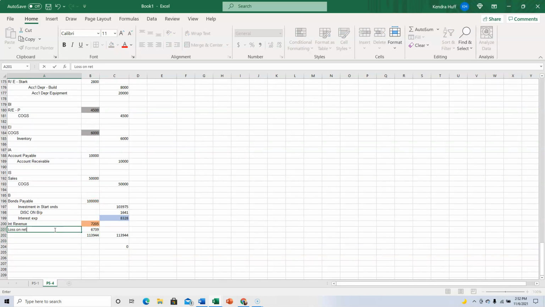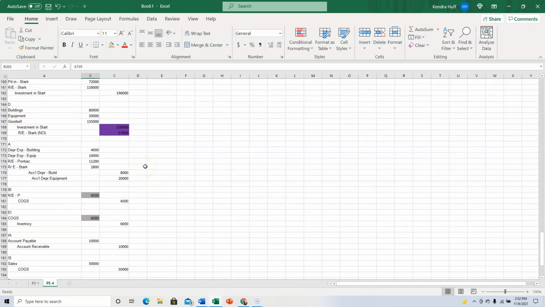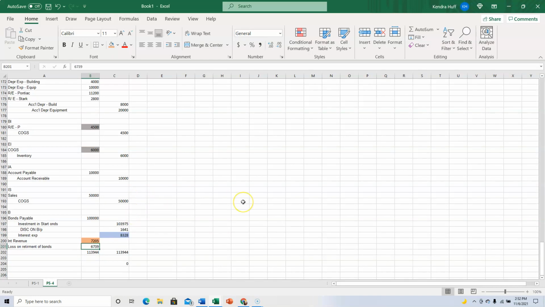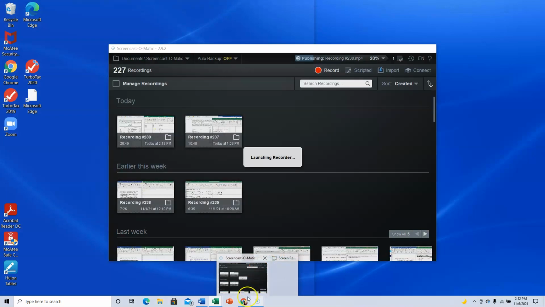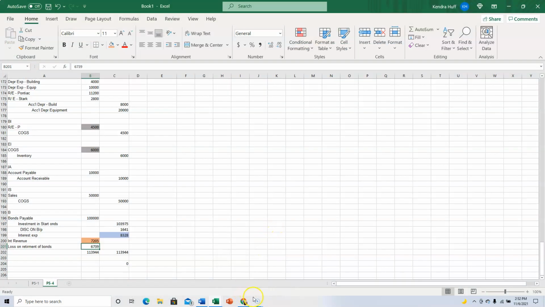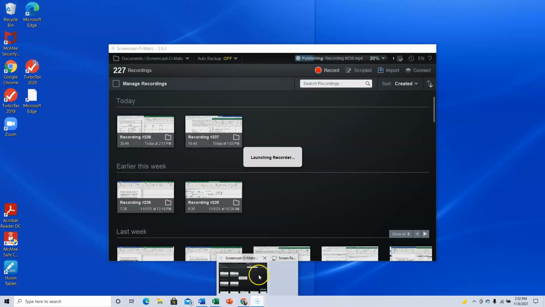Loss on retirement of bonds. And I think those are all of our elimination entries. Oh, dude, are you kidding me?